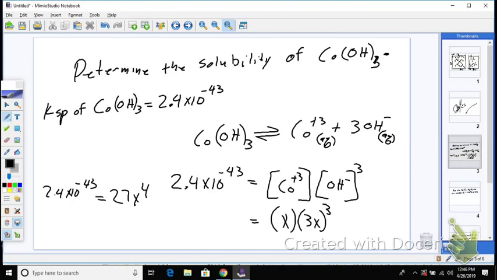You just divide it by 27 and then take the fourth root, and you should get an answer out. If I did it correctly, I'm hoping it is 9.8 to the minus 12. Is that right? Is that what everybody got? So you got to take this 2.4 times 10 to the minus 43rd.